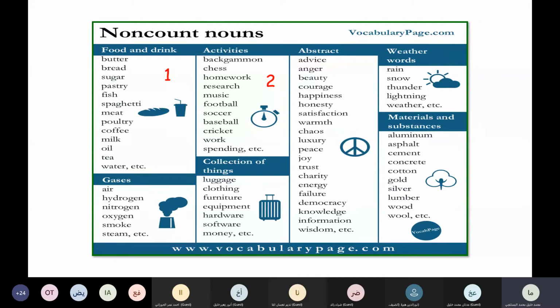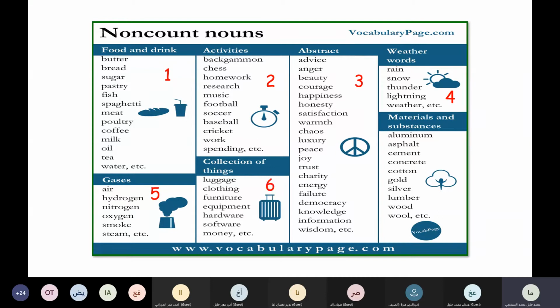In other words, nouns we cannot touch, like beauty, anger, advice, happiness. These are called abstract nouns. The words related to the weather also, rain, snow, thunder, these are always what? Non-count nouns. Gases: air, smoke, steam, nitrogen, oxygen, etc.